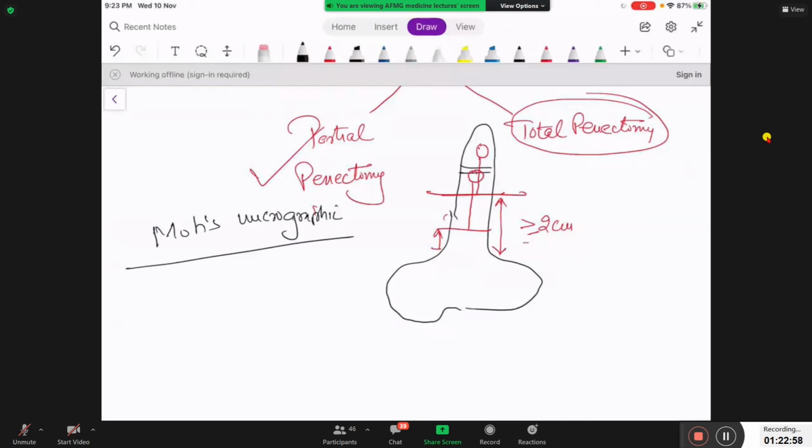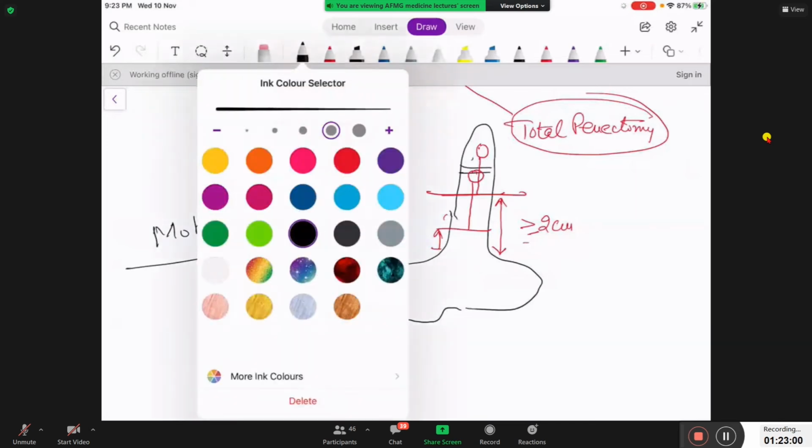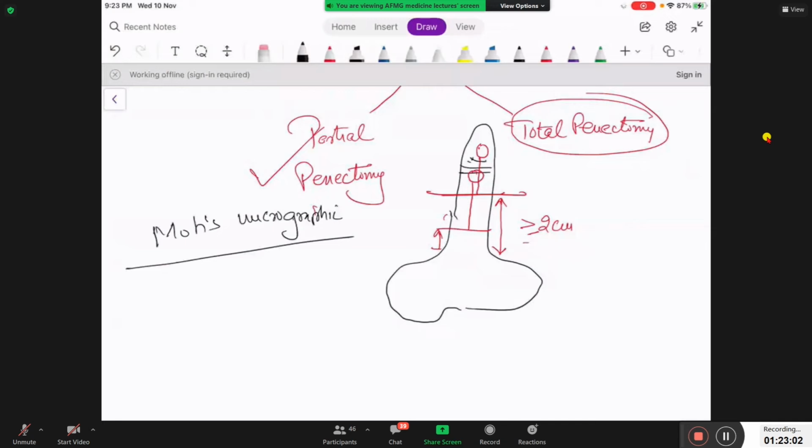And we keep on chopping off the penis 1 mm margin by 1 mm margin, and keep subjecting these margins to microscopic examination, till the time we get a negative margin. No malignant cell seen in the margin is a negative margin. The moment we get that, we stop our dissection there.